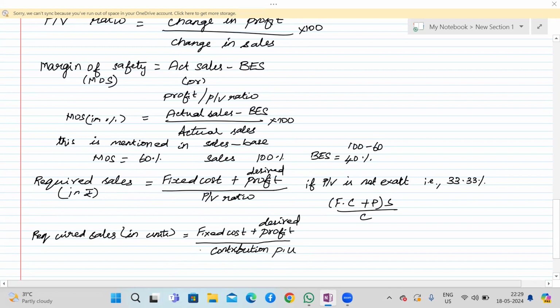So I will be getting the answer in units. Always remember, if I'm using contribution per unit, I will be getting the answer in units. If I'm using PV ratio, I will be getting the answer in rupees.